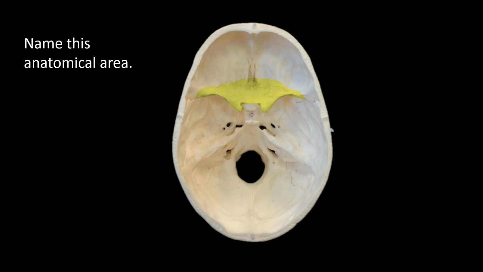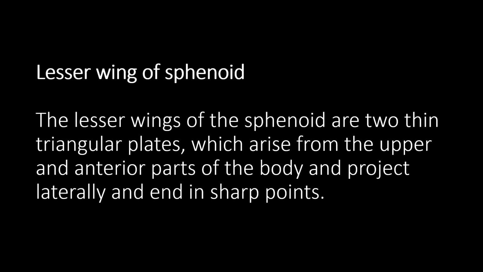Name this anatomical area. Lesser wing of sphenoid. The lesser wings of the sphenoid are two thin triangular plates, which arise from the upper and anterior parts of the body and project laterally and end in sharp points.